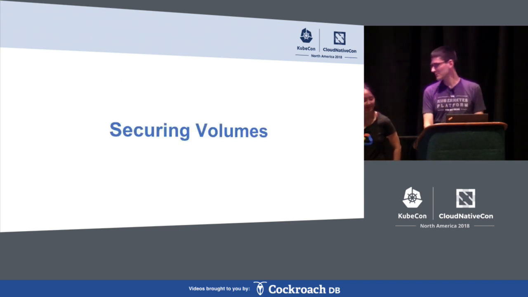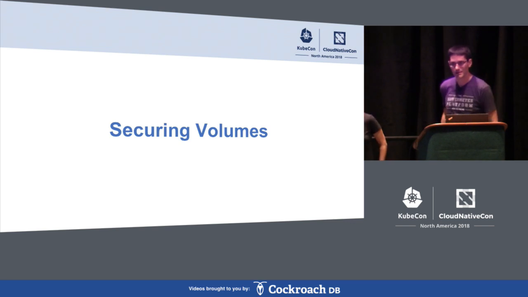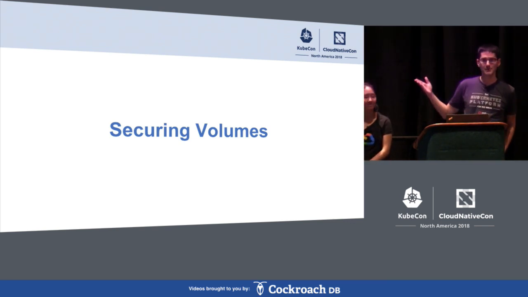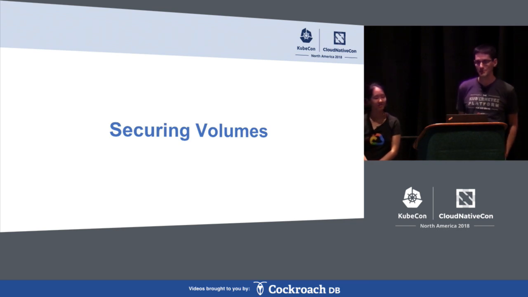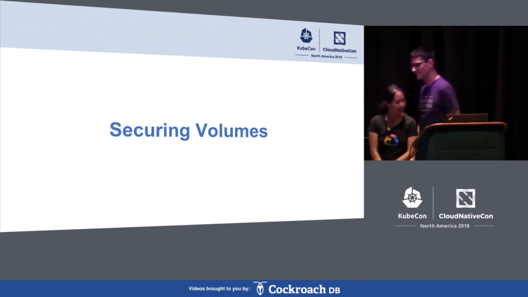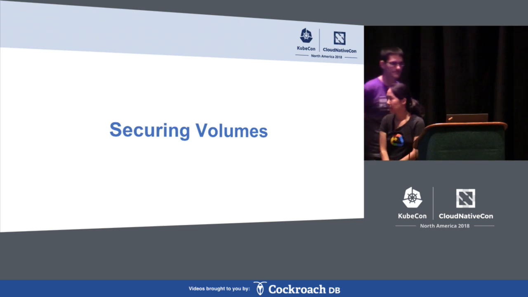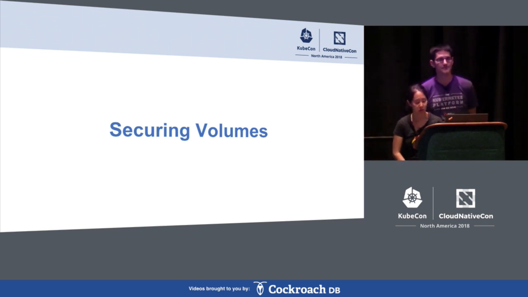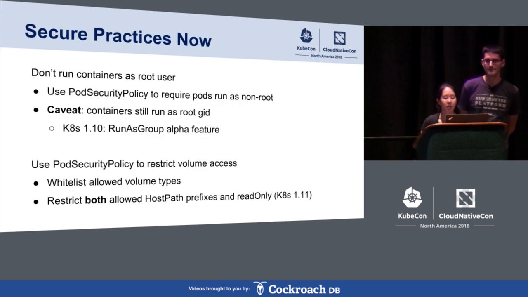And I'm handing over back to Michelle, who will tell you something about how to protect yourself from this issue if something like that is found in the future. Thanks, Jan. So now I'm going to shift gears and talk about some best practices that you can follow in your own Kubernetes clusters.